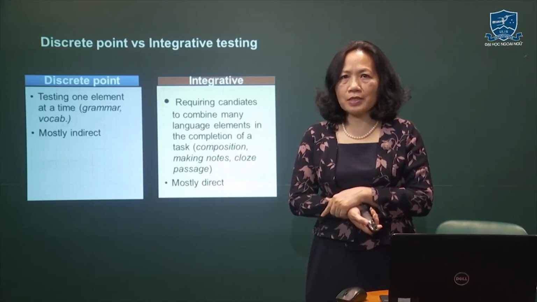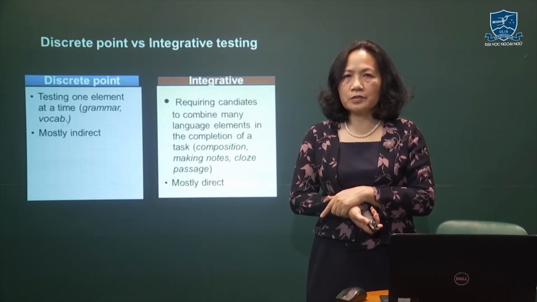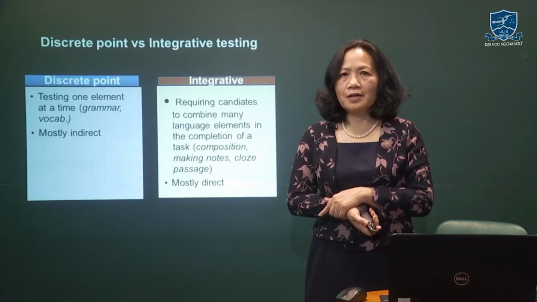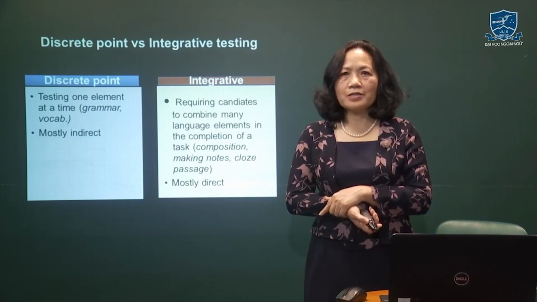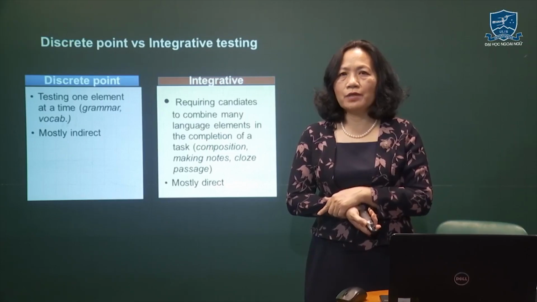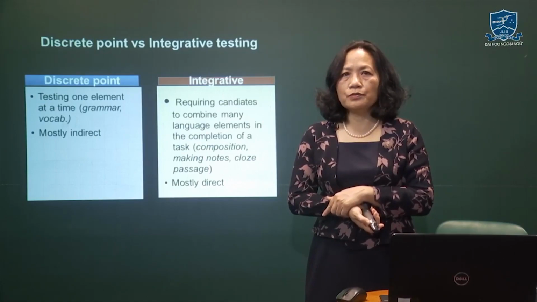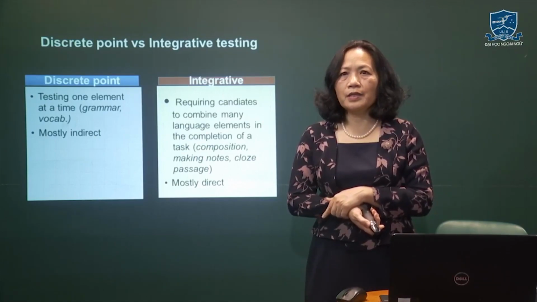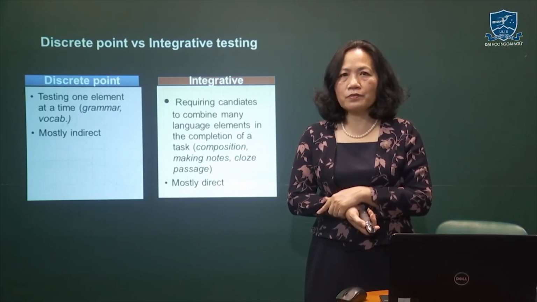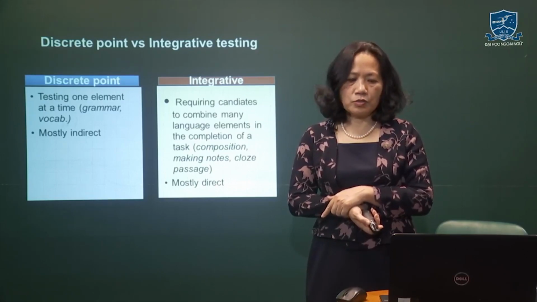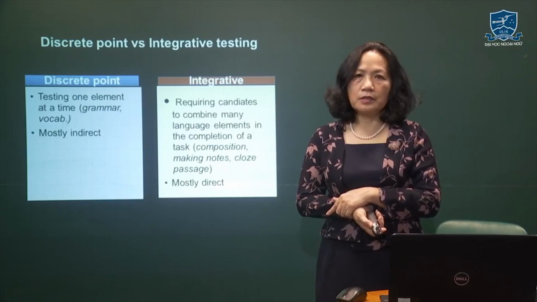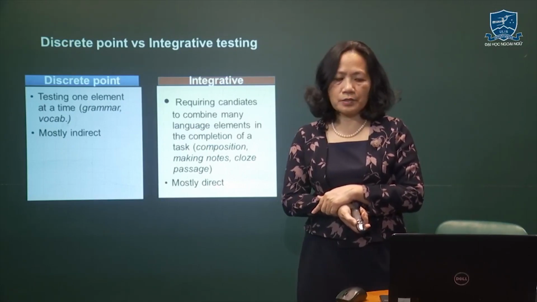You ask them to write an essay. It is only one task, but in order to write an essay, the students will have to demonstrate their writing skills, different sub-skills of writing, ability to use vocabulary correctly, and demonstrate their grammatical knowledge too. So this is an integrative test.